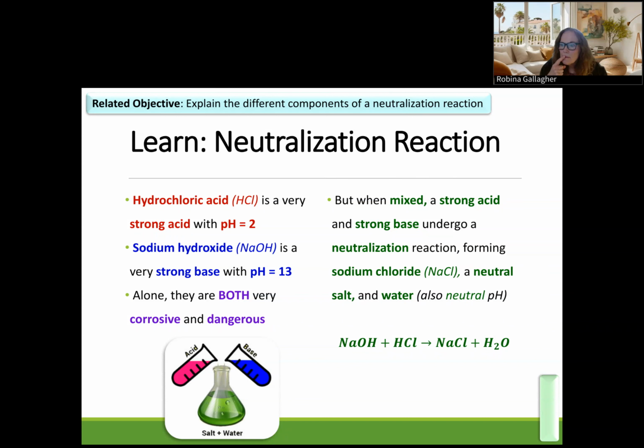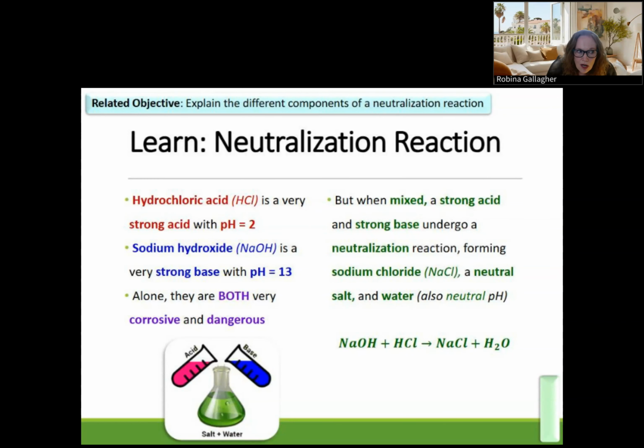So if I mix a strong acid and a strong base, if both of them are strong, then I'm going to form a neutral salt and water.